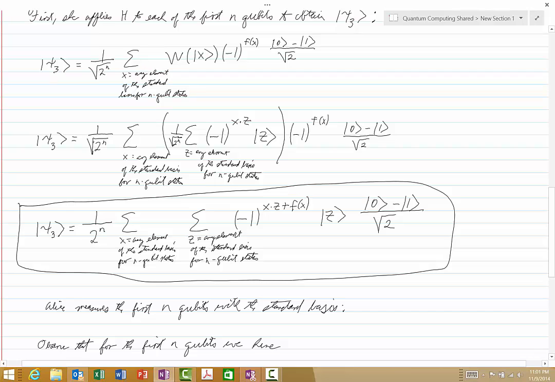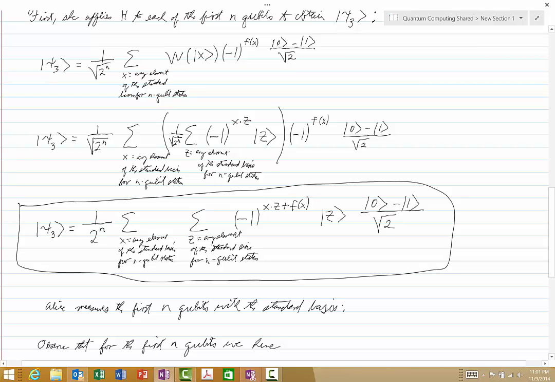This final bit has a magnitude of 1. But we're not interested in that. We're just looking at this. So these first n qubits have a magnitude of 1. Always. Regardless of what f of x is equal to, these first n qubits have a magnitude of 1.